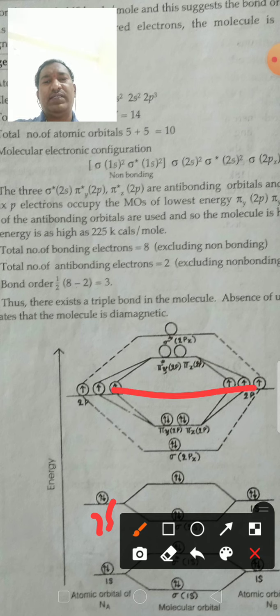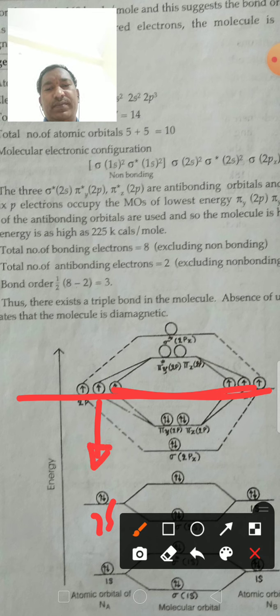Of those 6, 3 molecular orbitals have less energy than the atomic orbitals, that is sigma 2px, pi 2py, pi 2pz orbitals.